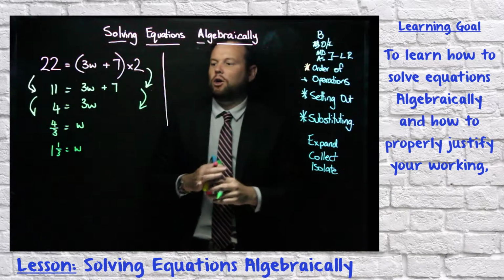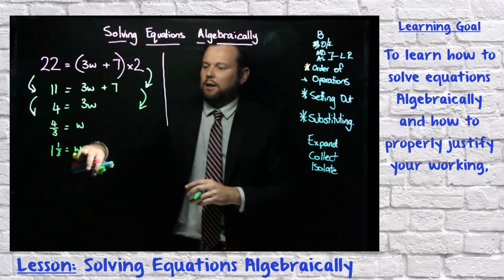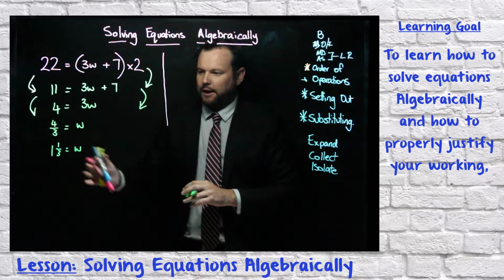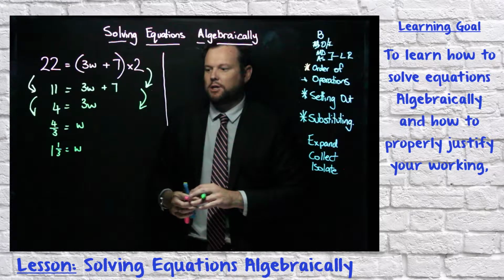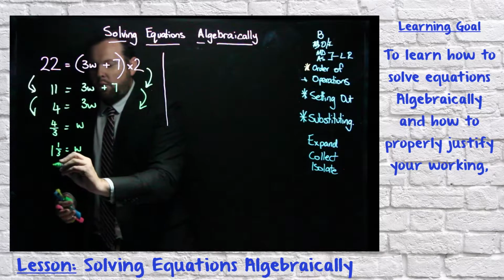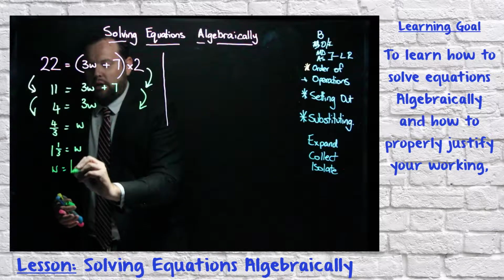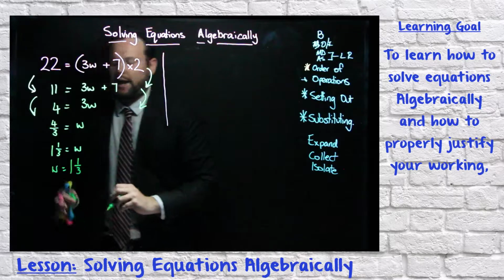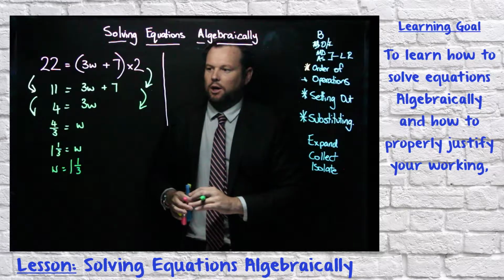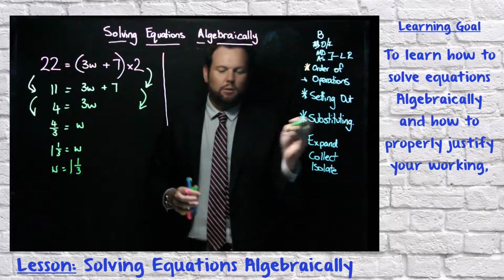Now, a couple of things that you're going to notice. Firstly, the variable is on the right-hand side of our equation. That doesn't matter, okay. However, when you answer your question in your final step, you should answer it so that your variable is on the left-hand side, okay.